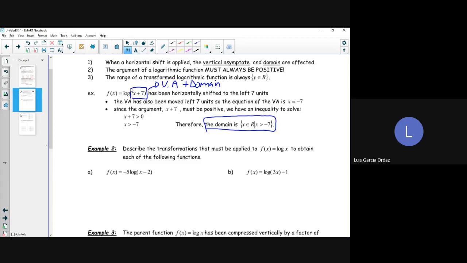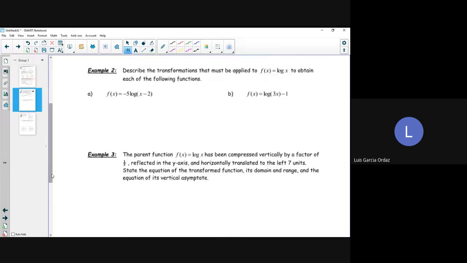So example 2, we want to describe the following transformations that must be applied to f(x) = log x to obtain each of the following functions. So the first one we have is f(x) = -5 log(x - 2). So what is one of the transformations that we have? So we have a reflection in the x-axis.